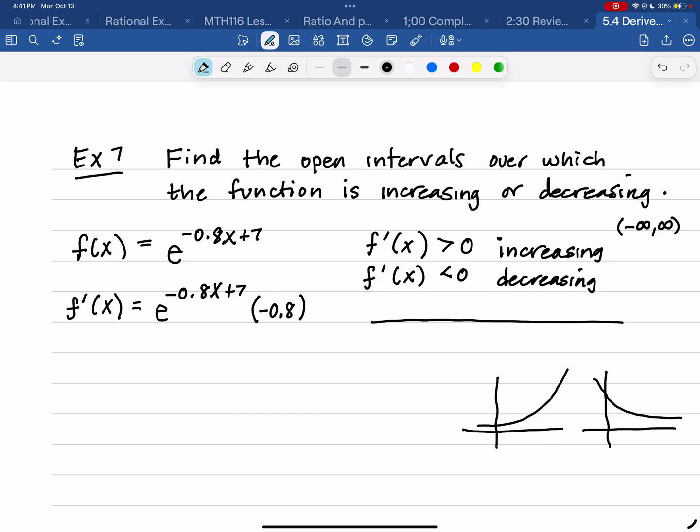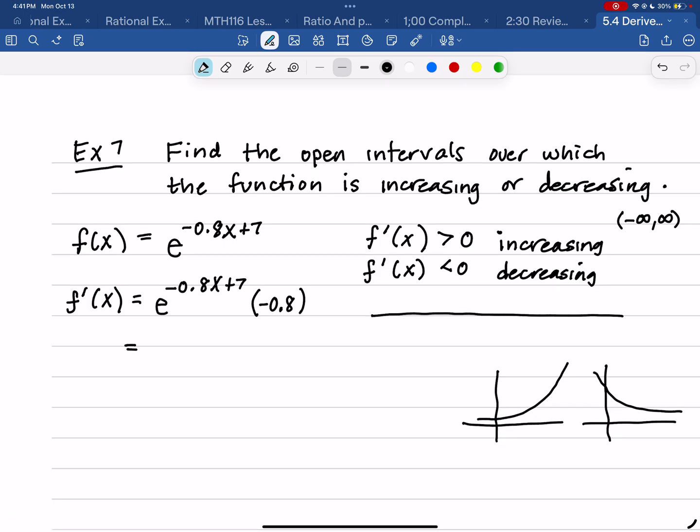Okay? So we'll put the number in the front, negative 0.8 e to the negative 0.8x plus 7. Okay? Now, if we set this equal to 0, there are going to be no solutions. So let me show you why.